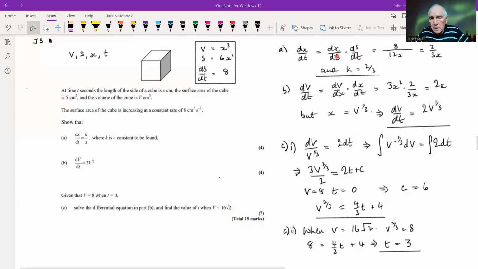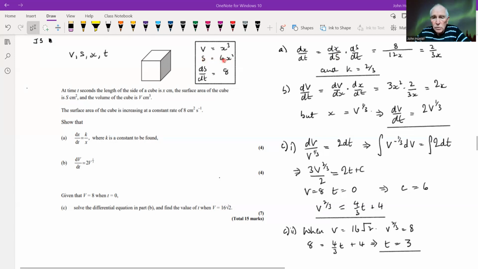So we can put the s's back in, and once we do that, it starts to make a bit more sense, doesn't it? Because this ds/dt we're told is 8. That's the 8 in our numerator there. And this dx/ds, again, is a sort of corollary of the chain rule. dx/ds is the inverse of ds/dx, and we know what ds/dx is because we can just form the derivative of s here.